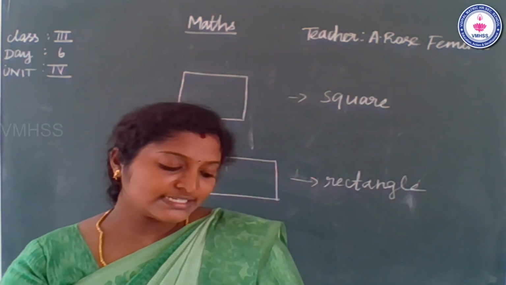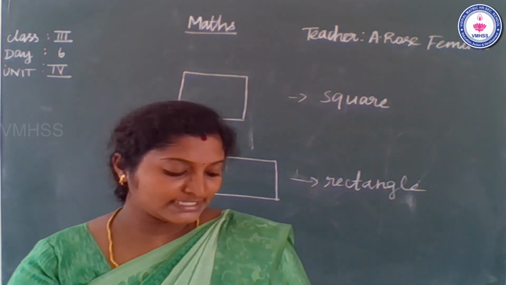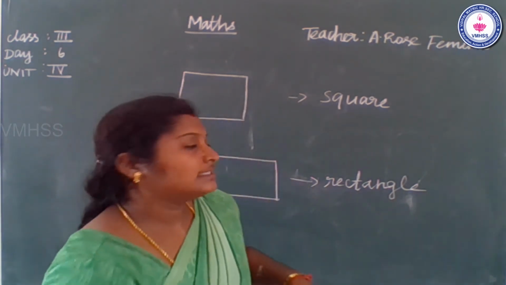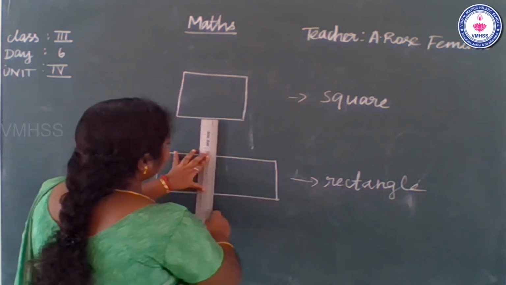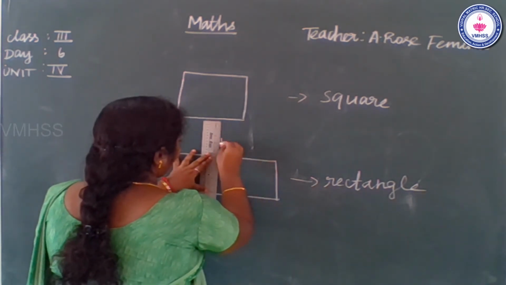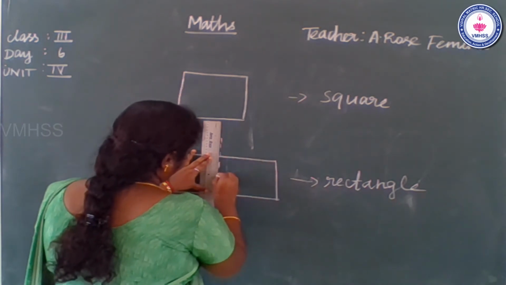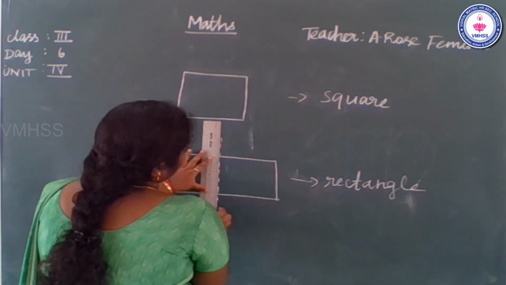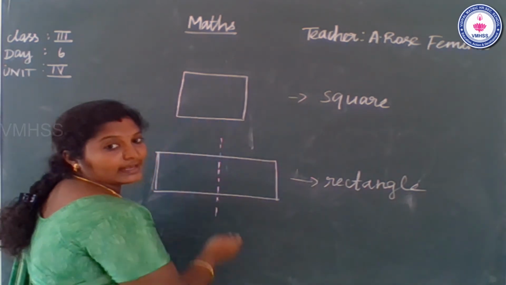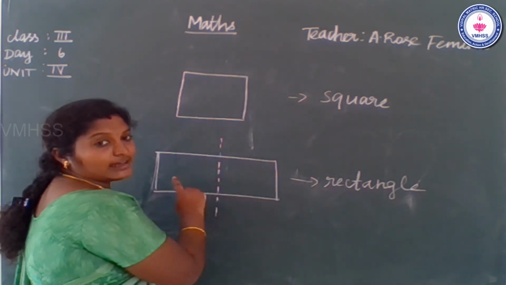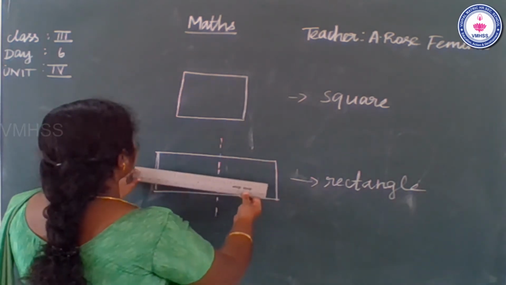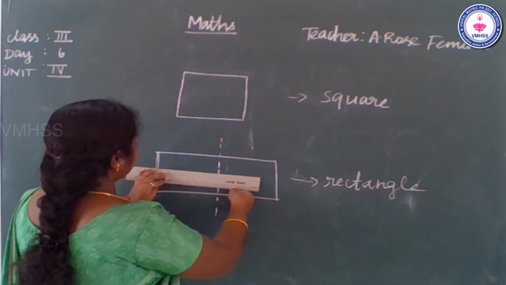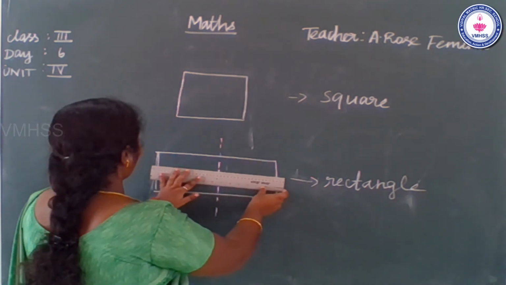What is the first shape? The shape is a rectangle. How many lines of symmetry are there? It is divided into two equal parts first, so both sides are equal. Right side and left side are equal.